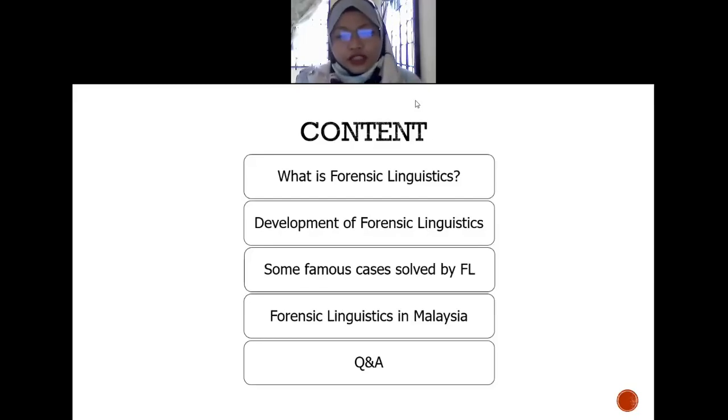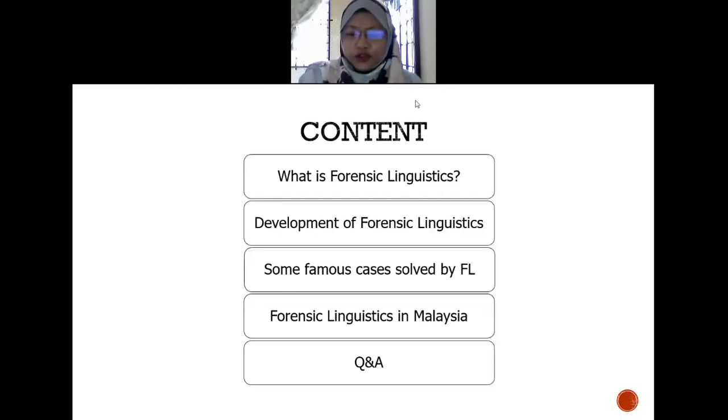Then forensic linguistics in Malaysia, where we're going to touch on the current research, and the admissibility, whether it is accepted as part of the Malaysian legal system, and then the potential of doing forensic linguistics. And then what is next? Maybe we can propose a framework or guidelines for legal professionals, and then we're going to have a Q&A session after that, inshallah.